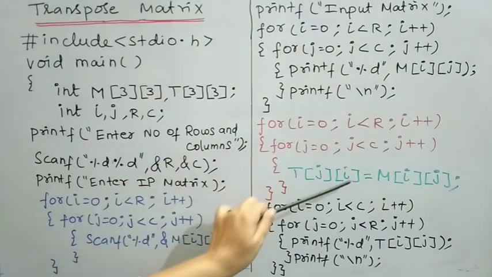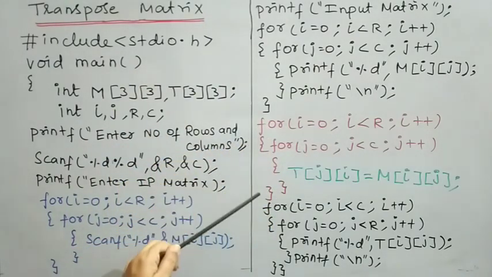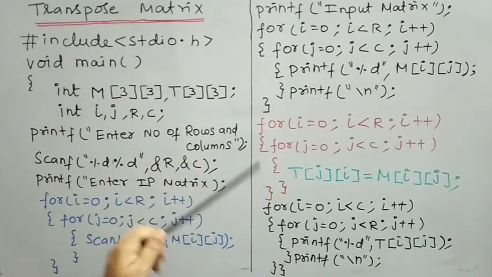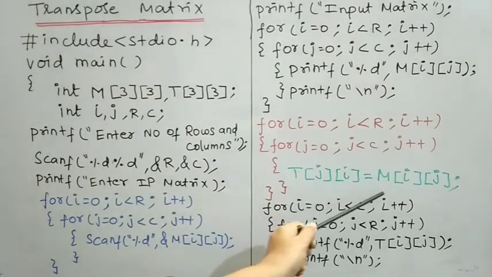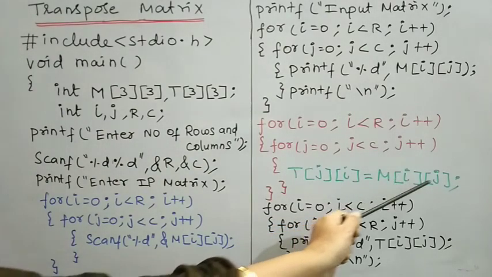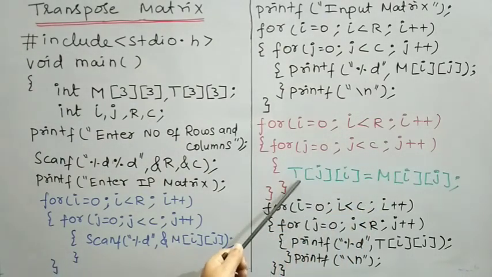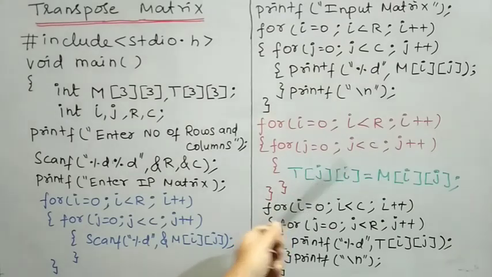Okay, the statement written in this red color is to perform the transpose of the matrix. Using this expression, we are going to transpose the input matrix M, the element in ith and jth position, into the output matrix T in jth and ith position. The last nested for loop is to print the values of the output matrix, that is T. While printing the values of the output matrix, i holds the index position of rows.